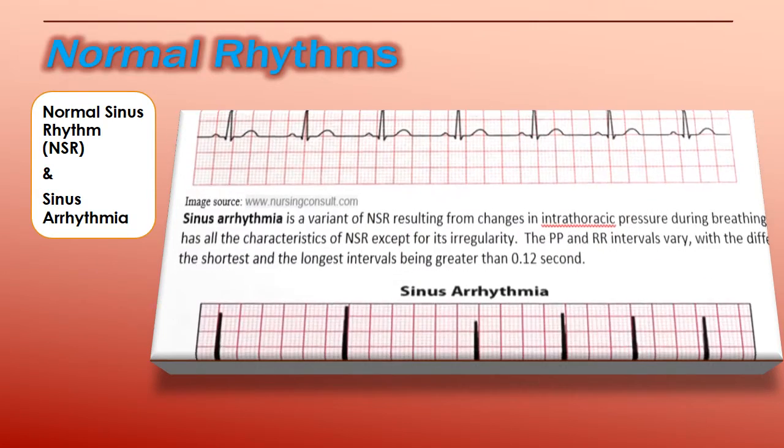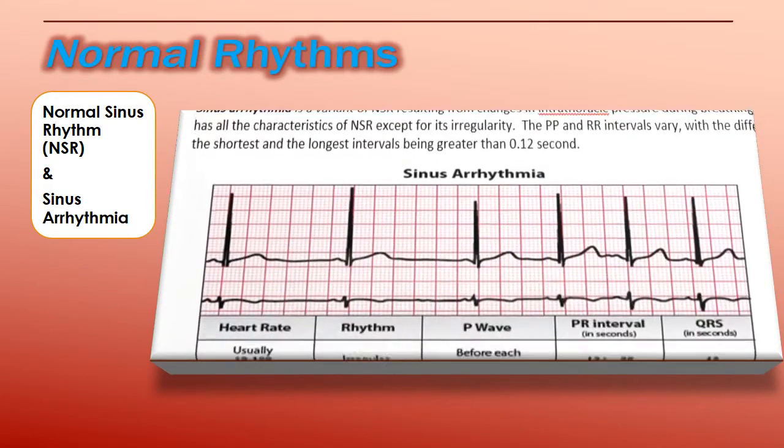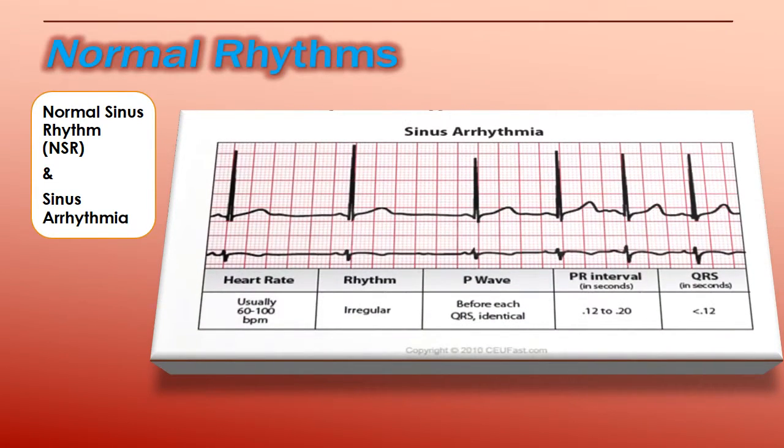Okay, the next one I want to talk about is sinus arrhythmia. Sinus arrhythmia is a variant of normal sinus rhythm. It is resulting from changes in intrathoracic pressure during breathing. So a sinus arrhythmia has all the characteristics of normal sinus rhythm except one thing: irregularity. So it's 60 to 100 beats per minute.